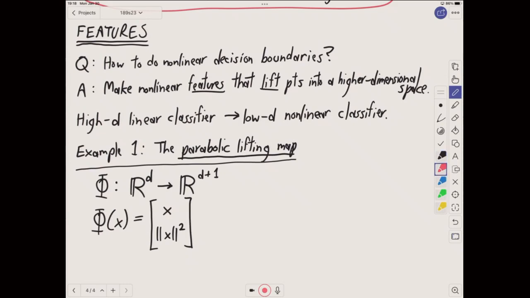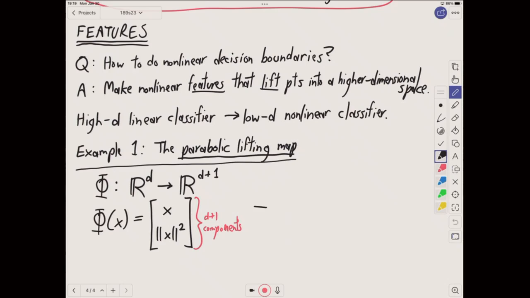So think of x as being a column vector, and so phi of x is a column vector with d plus 1 components. I've just stuck one extra real number at the bottom of the vector.